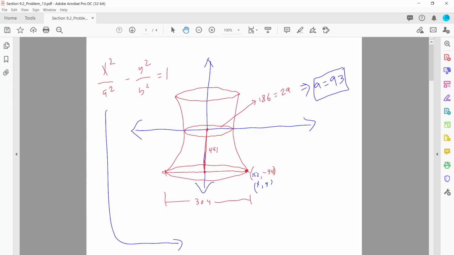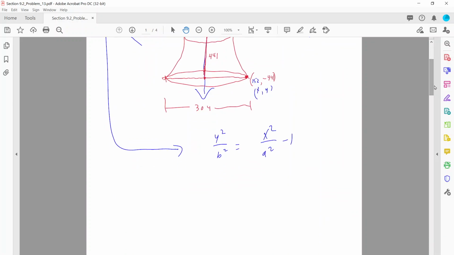That will give you all the requirements we need for this hyperbola. If you simplify this, it will be y squared over b squared equals x squared over a squared minus 1. So b squared equals y squared over x squared over a squared minus 1. That's how we can find b.